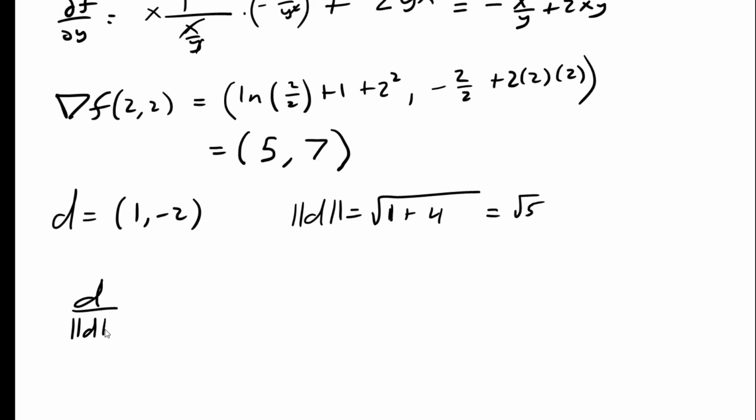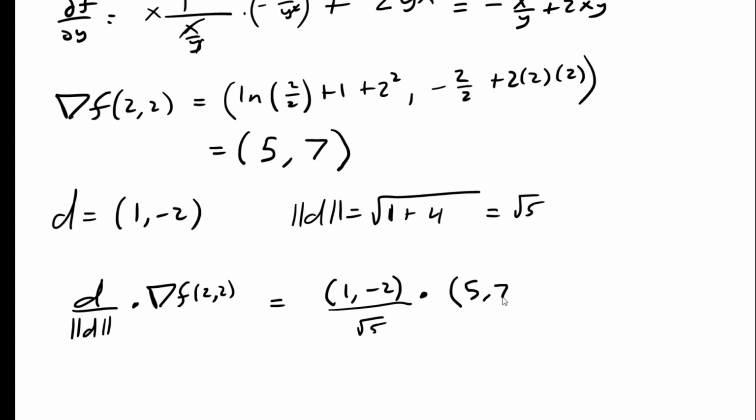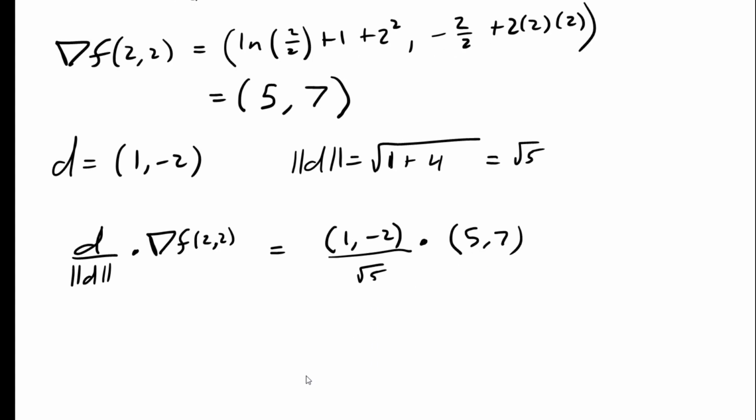D over norm D dot gradient f at 2, 2. So that's going to be 1, minus 2, divided by the norm, dot product with 5, 7. I'll do the dot product first, and this becomes 5 minus 14 over root 5.